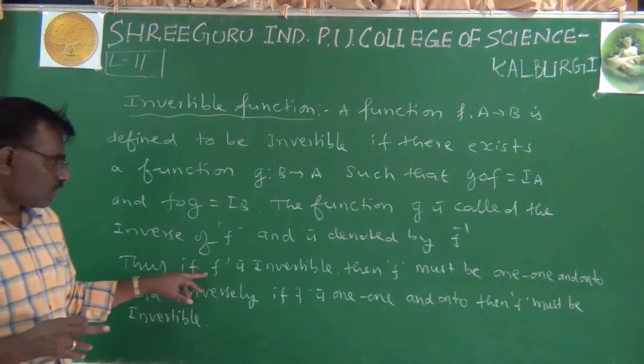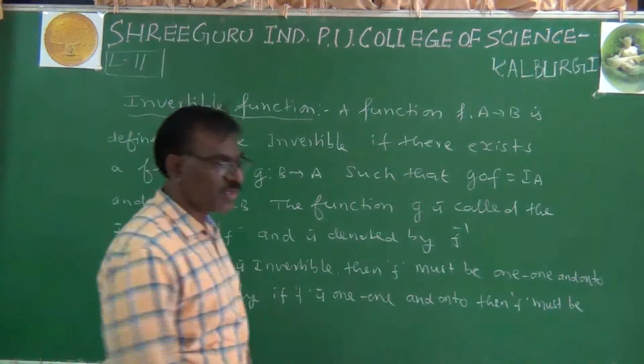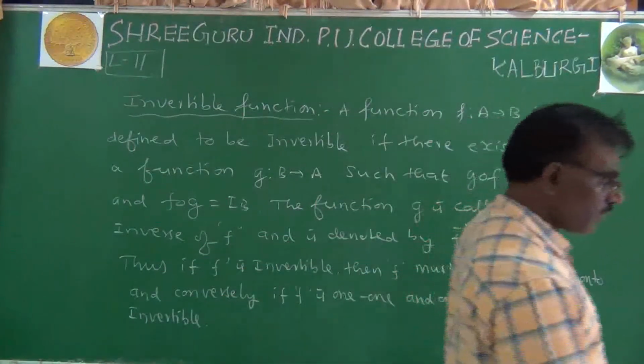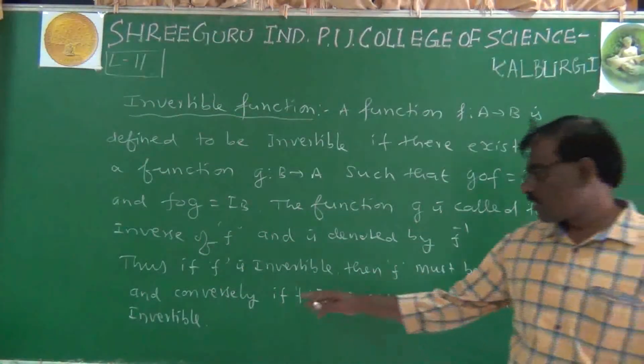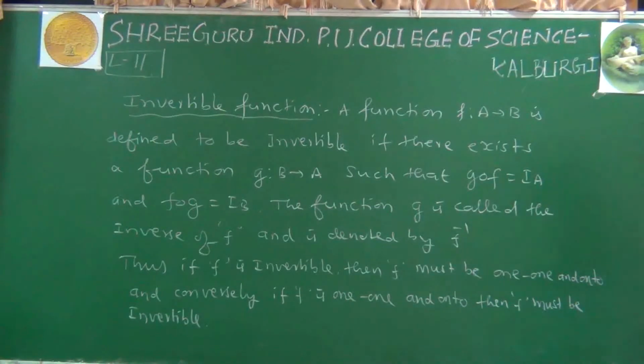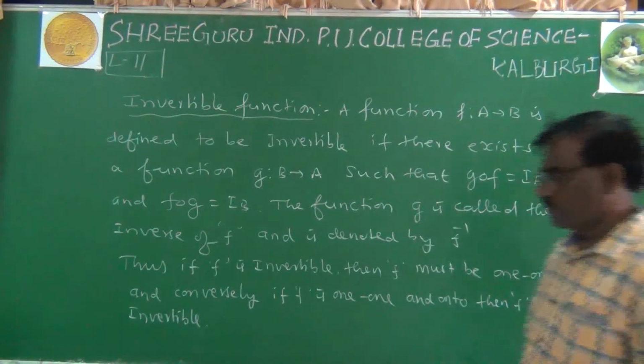You remember, if f is invertible, f must be one-one and onto, and conversely if f is one-one and onto, then f must be invertible.